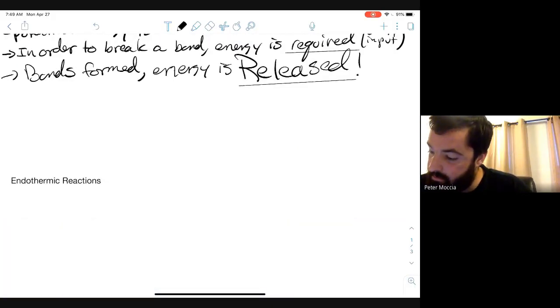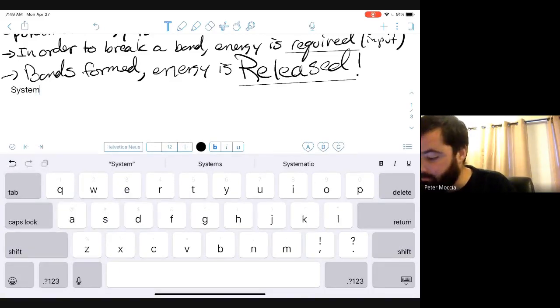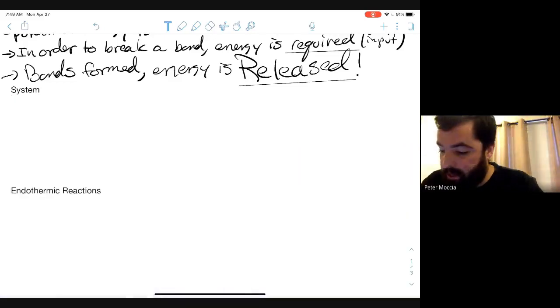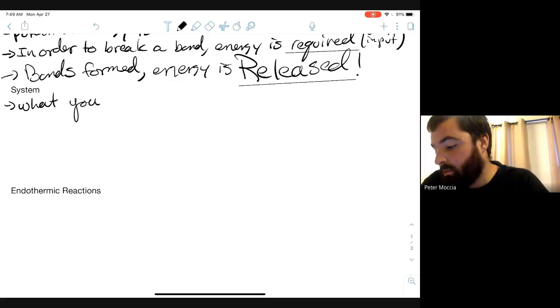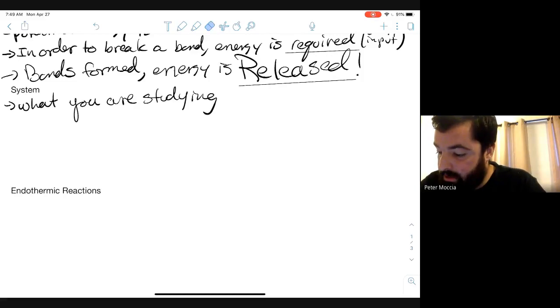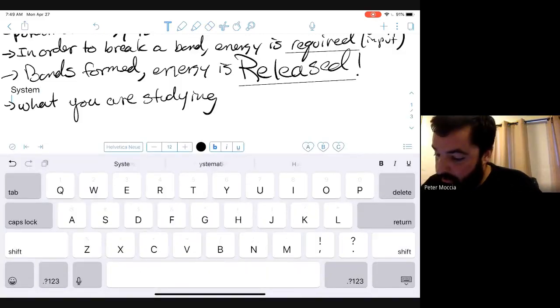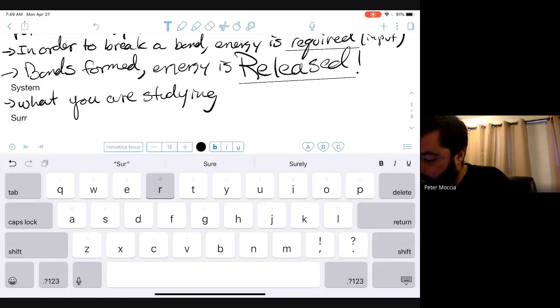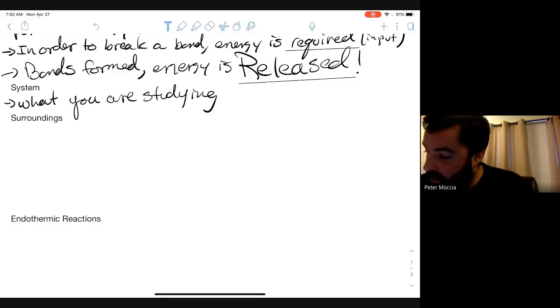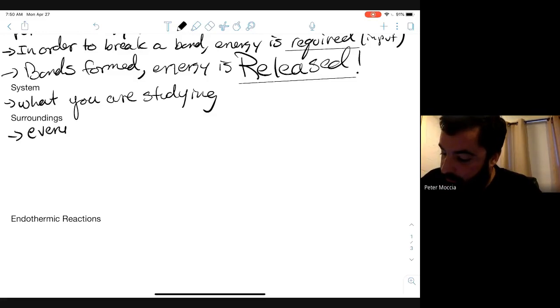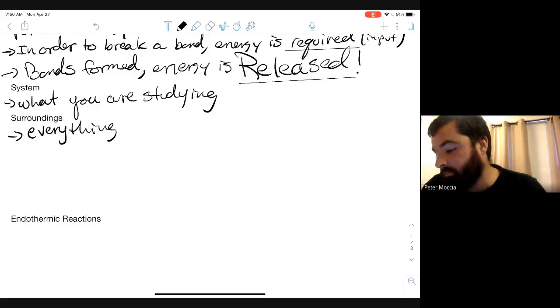The system is whatever you are studying, and then the surroundings are everything around the system. So the environment.